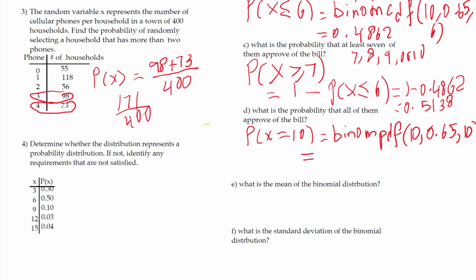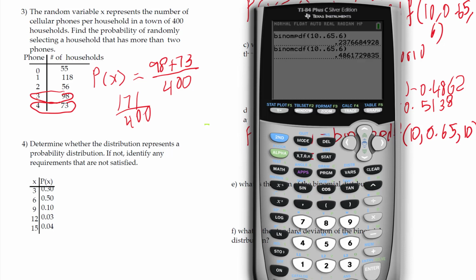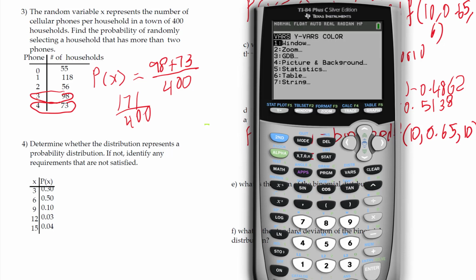Okay, let's bring the calculator up. So I'm gonna go second, variables, and then we're gonna scroll down to binom PDF again. So 10, the first two values never change in any part of the problem.